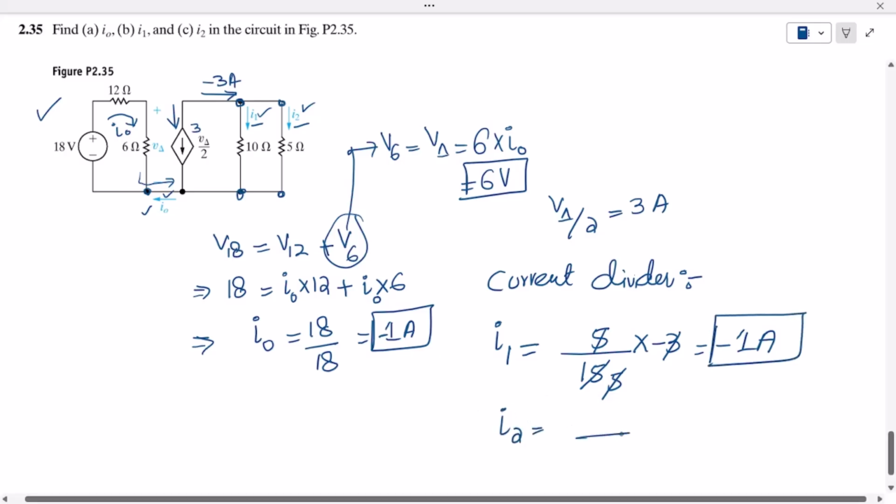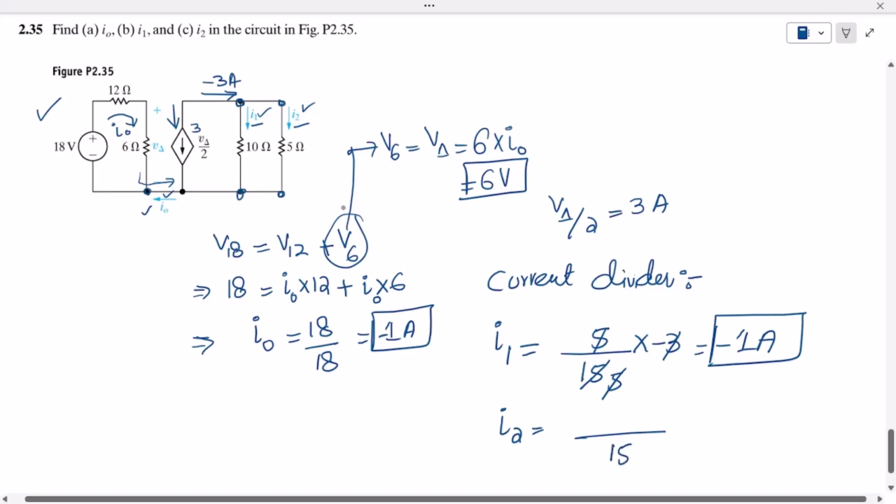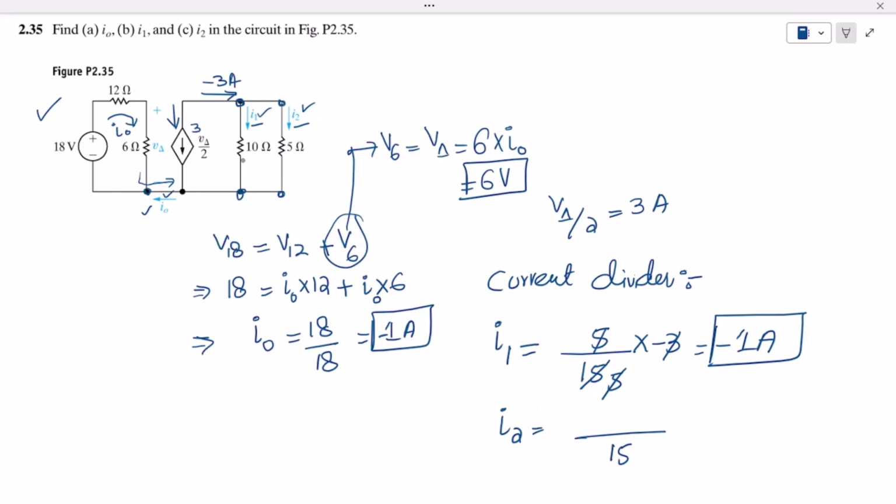Similarly, in order to find the value of I2 through the current divider rule, we have to divide over the same value, which is the addition of the resistances of the resistors connected in parallel. So it is 15, because of this 10 plus 5, and with it I have to write the value of the opposite resistor in the numerator.